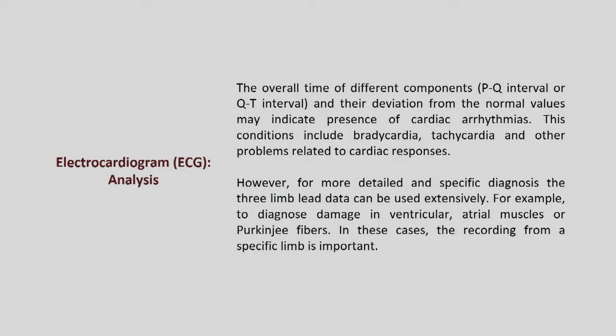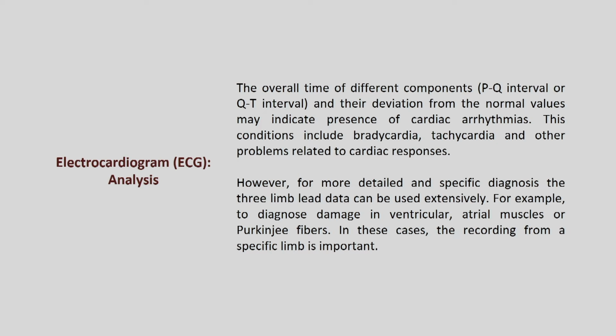The overall time of different components, that is the PQ interval, QT interval, and the deviation from the normal values I mentioned earlier, indicates the presence of cardiac arrhythmia. It can be bradycardia, tachycardia or any other cardiac problem.